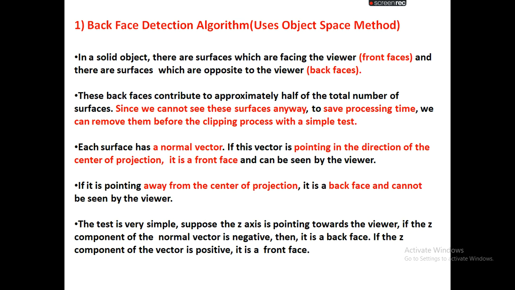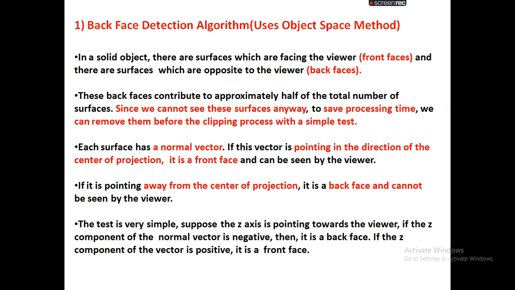Finally, clipping algorithms will clip the part of the object or part of the surfaces that lies outside the clipping volume, and it will display only those pixels that are visible, that the viewer is able to view, and also those pixels have to lie inside the clipping window. So such pixels are displayed on the screen of the monitor.